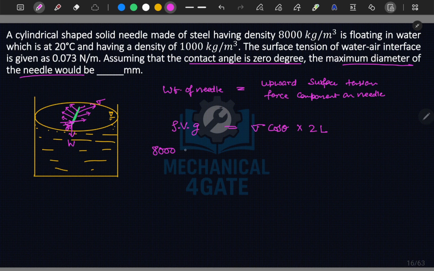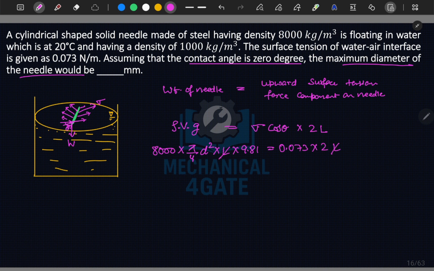The volume of the needle is pi by 4 d square into L, g is 9.81, equal to sigma, given as 0.073, into cos theta, which is 1 since theta is 0 degrees, times 2 times L. Now this L and L will cancel out.